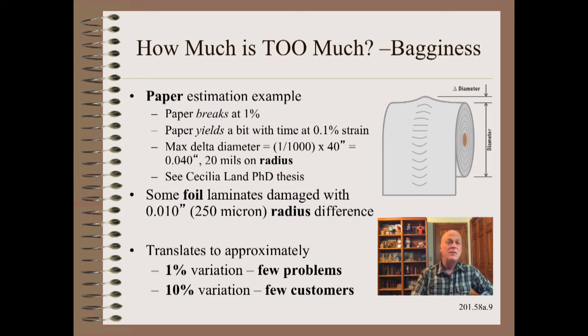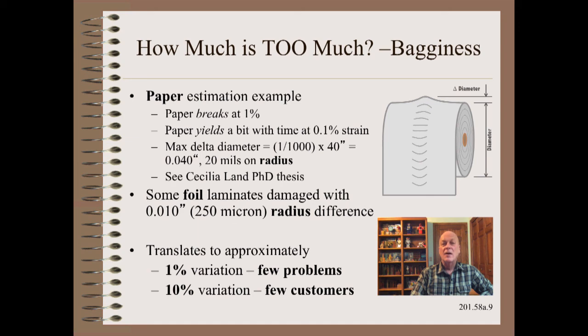However, we don't need to take the word of long-dead authors or trust a simple calculation. An entire PhD thesis has been written on this subject. Dr. Cecilia Land, one of the several students I've mentored over the years, found that the range of thickness variation that could cause a problem on paper is, wait for it, a few percent.